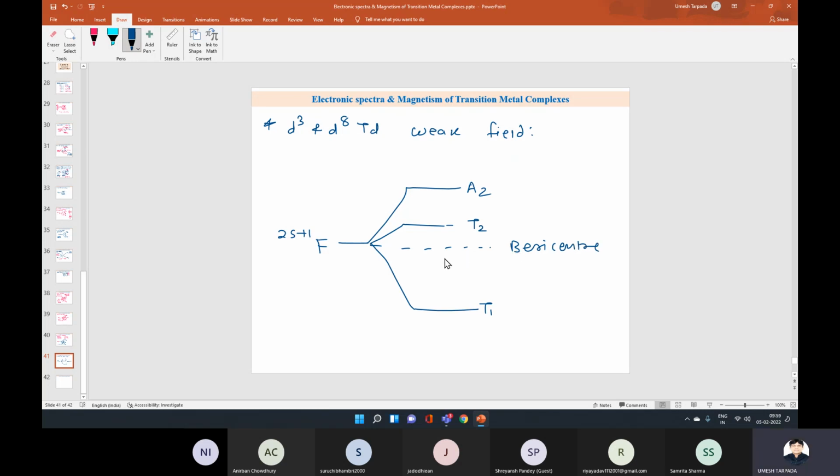So what happens? This energy decreases by, T1 है तो इनकी 6 dq and this is by 2 dq and this is by 12 dq.